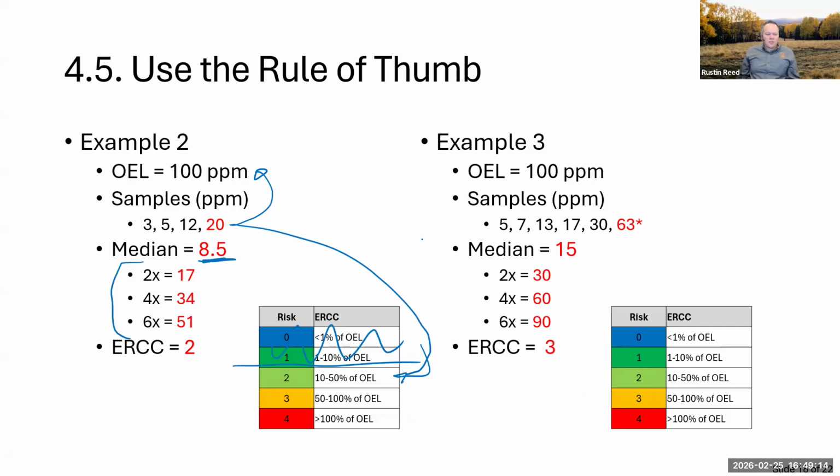I did the math for all of the multipliers just to see, out of curiosity, what things would be. So we did get 34 and 51. We ended up with 2 there. Here we eliminated the 2 and 4 as options, and we stuck with 6 times 90, and we also ended up with category 3.